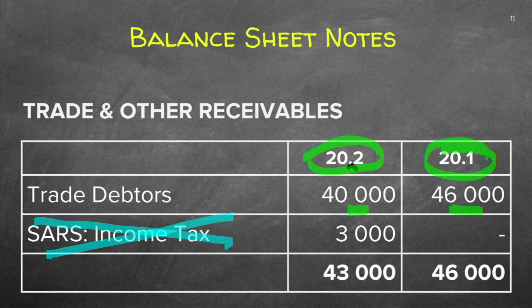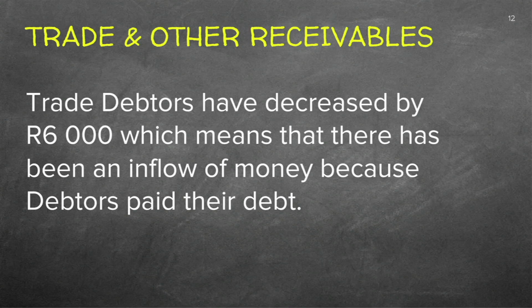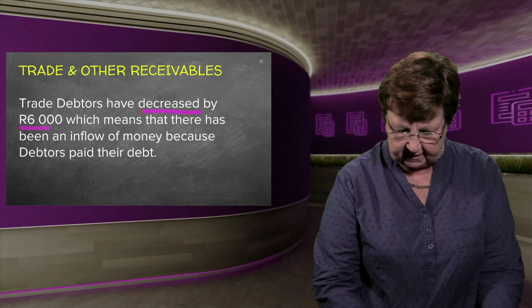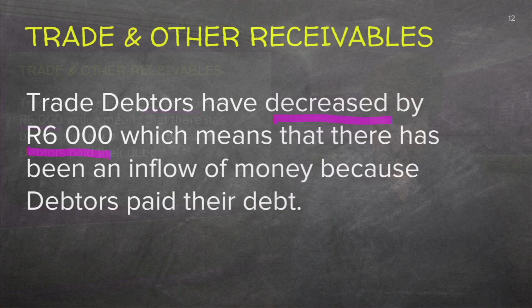So if I look at my 46,000 and it's down to 40,000, if I subtracted that, I would see that my debtors have gone down by 6,000 Rand. So I've simply said that here, the trade debtors have decreased by 6,000, which means that there has been an inflow of money because the debtors paid their debt.